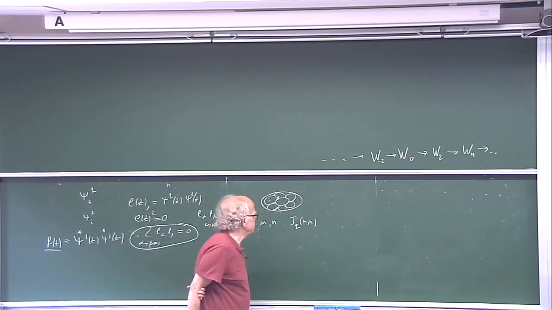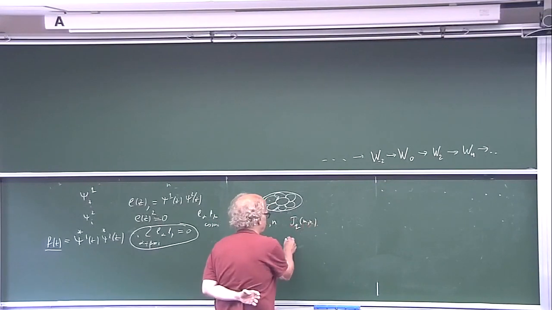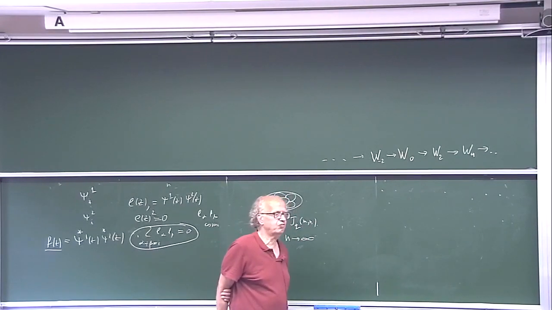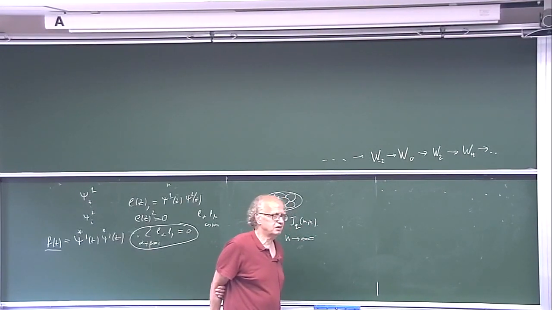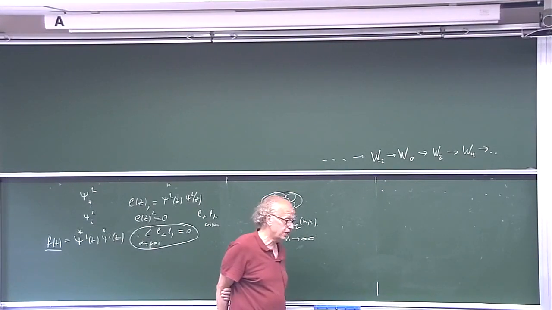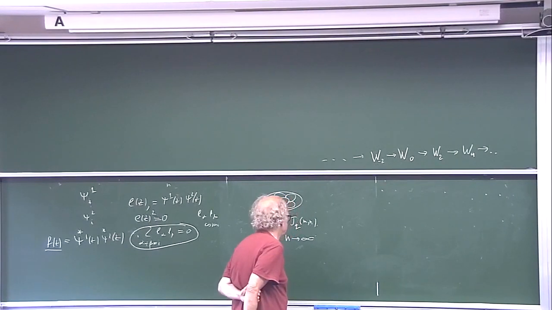But even in the Jones case, it is good to consider not these polynomials, but send n to infinity. And in this case, such a polynomial, when n goes to infinity, stabilizes and gives us something which has a nice description.